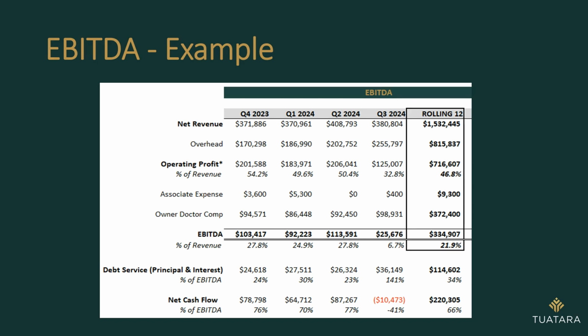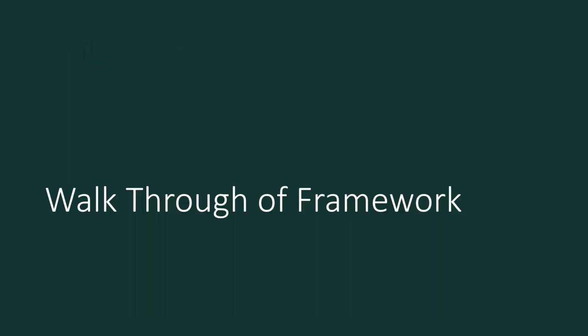Then their EBITDA is broken down between their debt service and their net cash flow. And in this case, about 1/3 or $114,000 of their EBITDA went towards debt service or loan payments, leaving them with about 2/3 of net cash flow. It's important that you understand those terms in regards to EBITDA, debt service, and net cash flow.